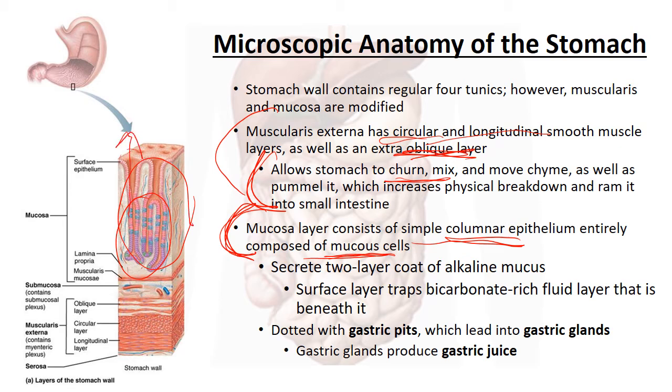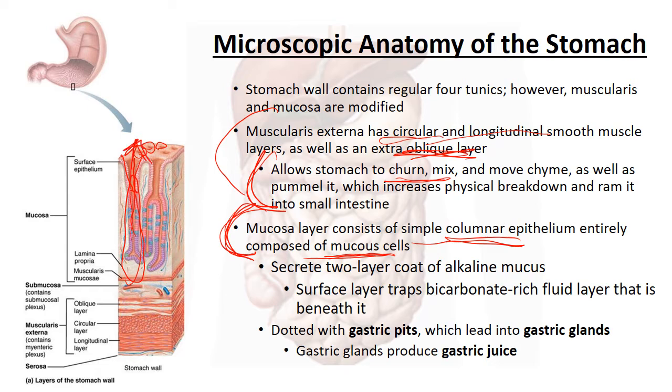Let me point out in this picture, you see these circles right here? That is what we call gastric pits. The gastric pits are where these glands secrete their products, and that product secretion is going to come out.